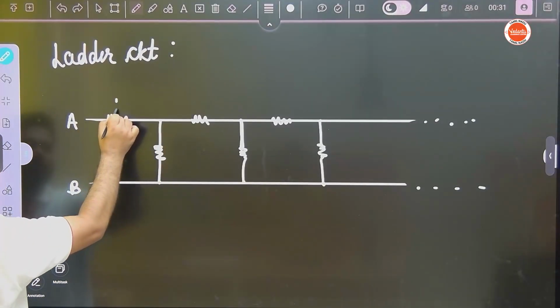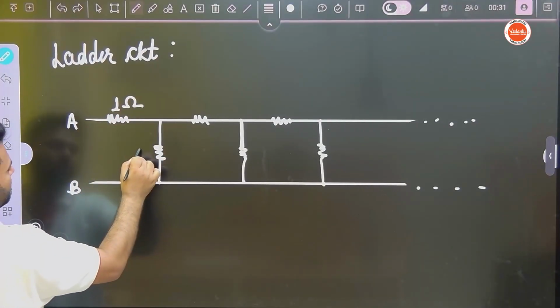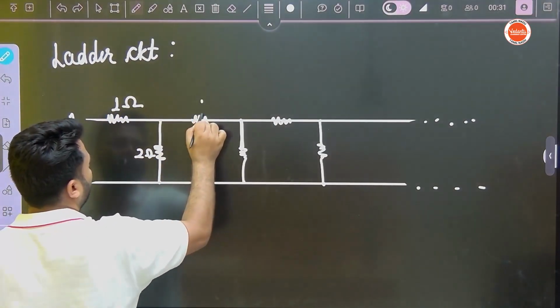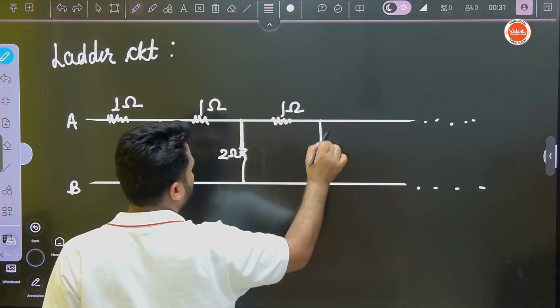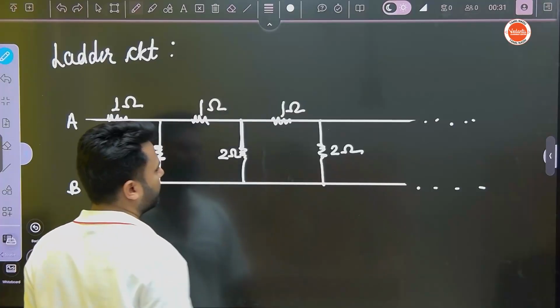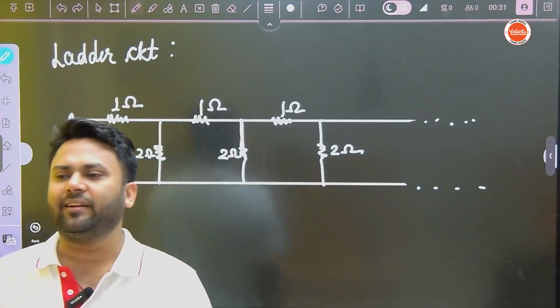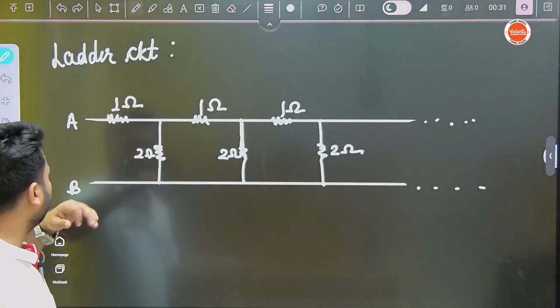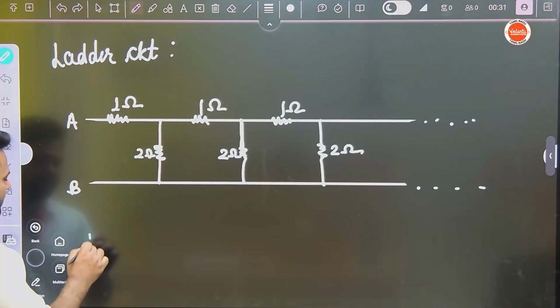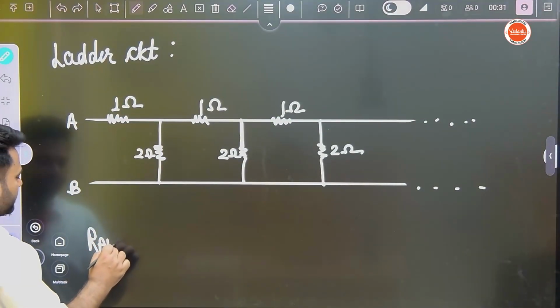Like 1 ohm, this is 1 ohm, this is 2 ohm. Again 1 ohm, 2 ohm. 1 ohm, 2. Like this. This is an infinite ladder. See now, it is extended till infinite. They will be asking what is the R equivalent between AB. How to solve this kind of questions? See.